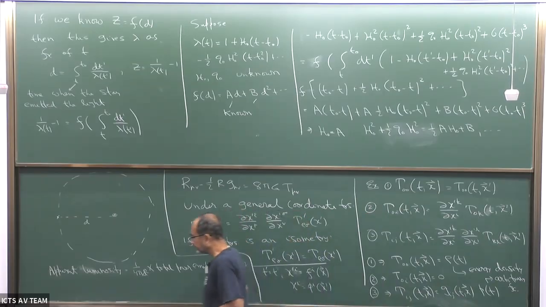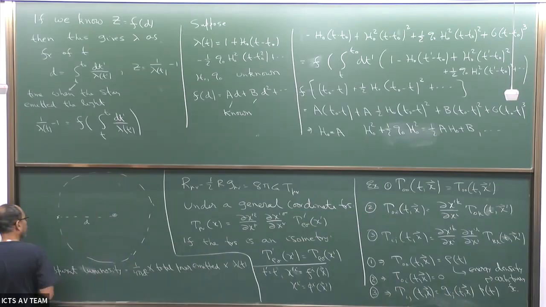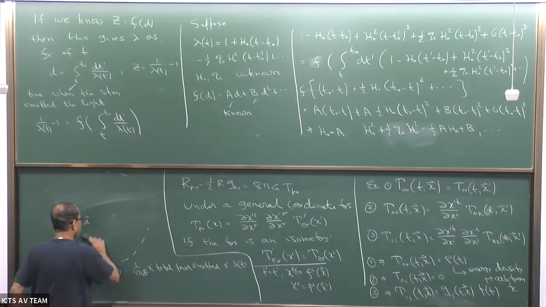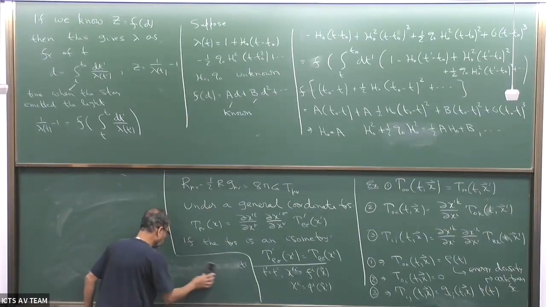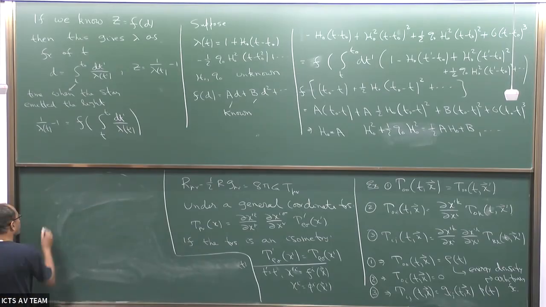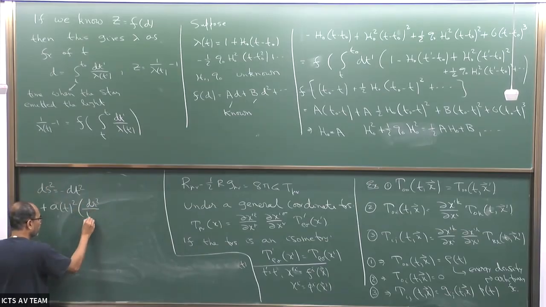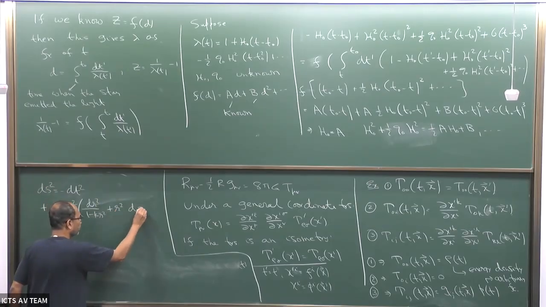Let me write it. ds squared was minus dt squared plus a(t) squared times dr squared over 1 minus kr squared. Right, this was the form of the metric.